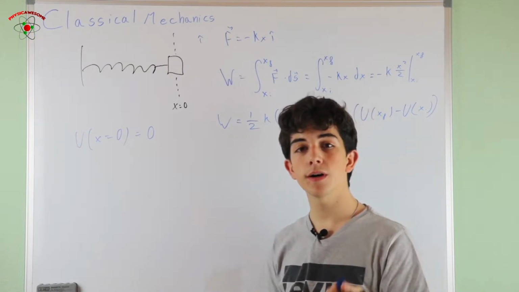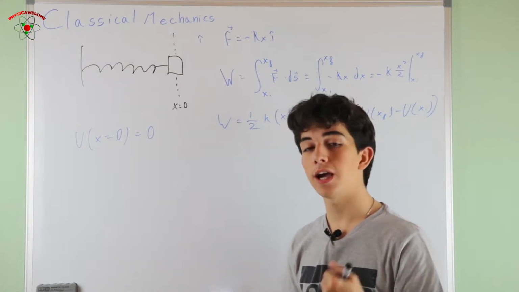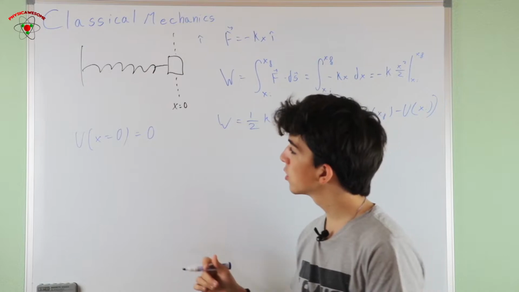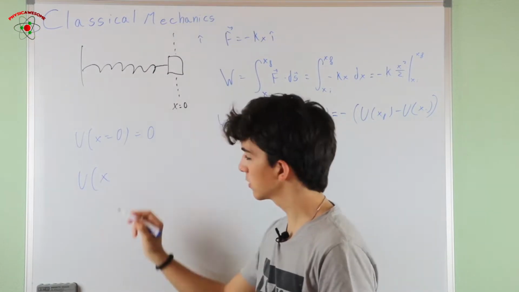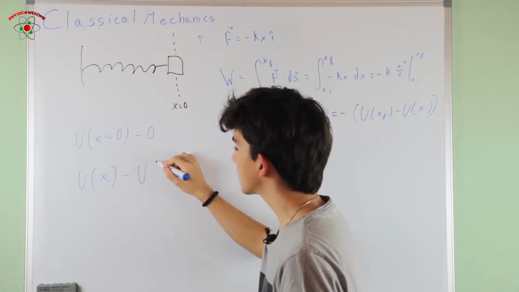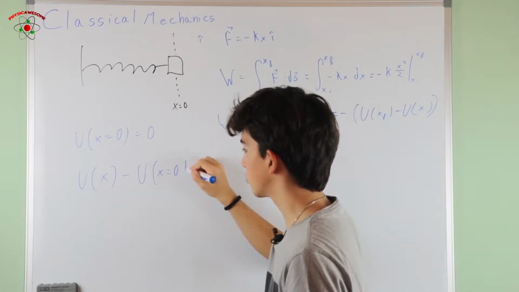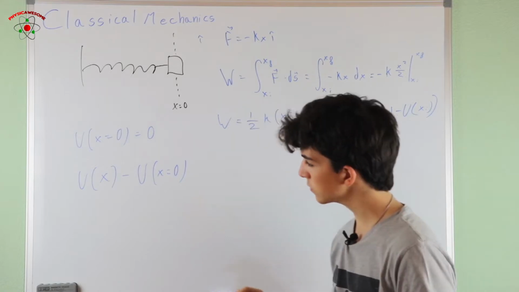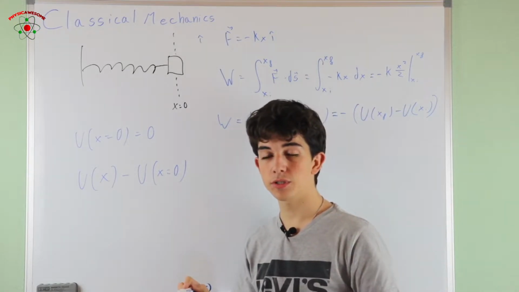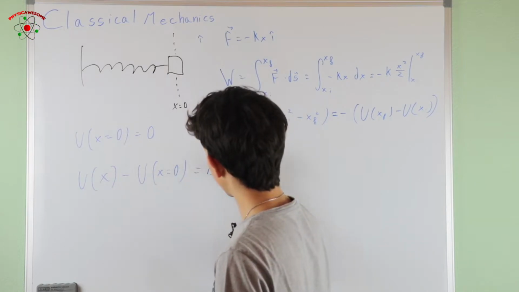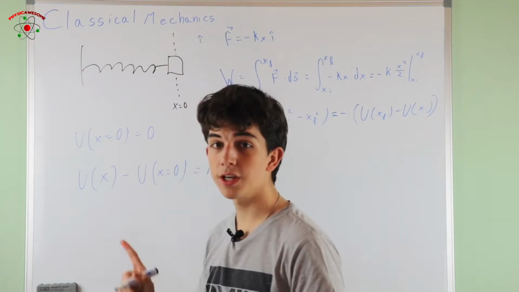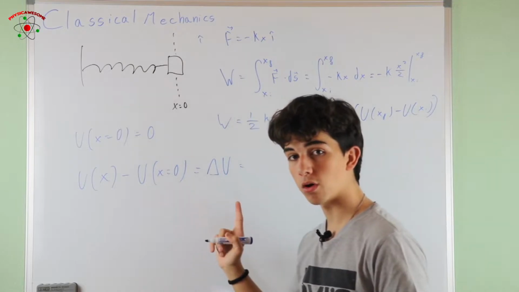Now if we want to find the potential energy at an arbitrary point, we will take x final to be x and x initial to be x equals 0. This is the change in potential energy. Now we know this change in potential energy is minus the work.